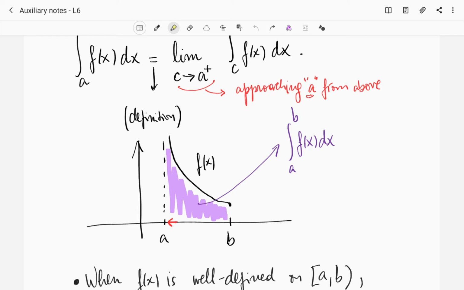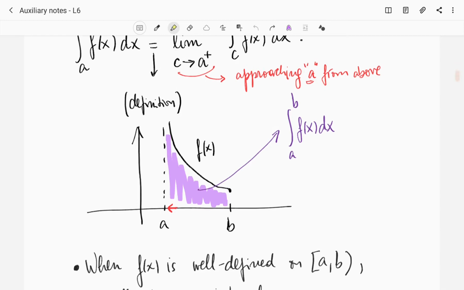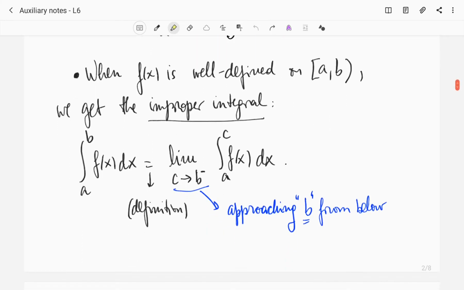Okay, this problem in a can also be found in b, in the sense that now we have a function f defined on this interval closed in a and open in b. Again, we don't know what's going on in b because maybe the function is not defined there, but we can compute this integral of f between a and c for every c strictly less than b.